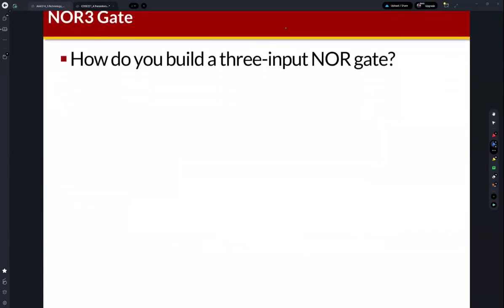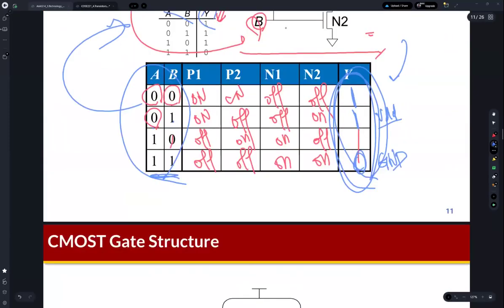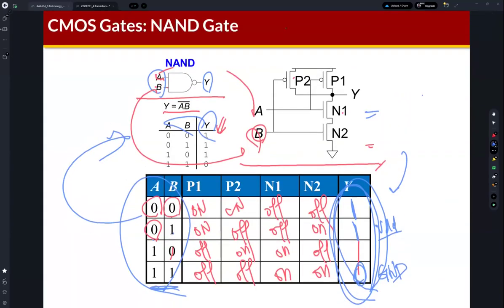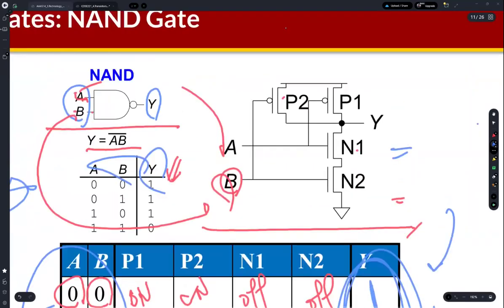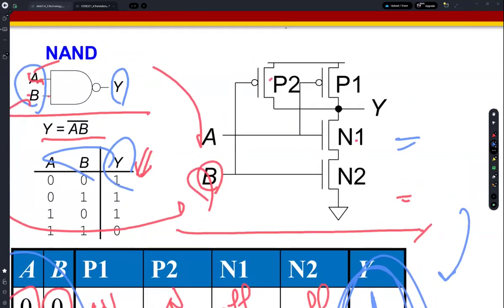Then how can we build a three input NOR gate? Actually, it's the same, but if we see this circuit, we built a NAND, right? But think about it also as a switch, okay?